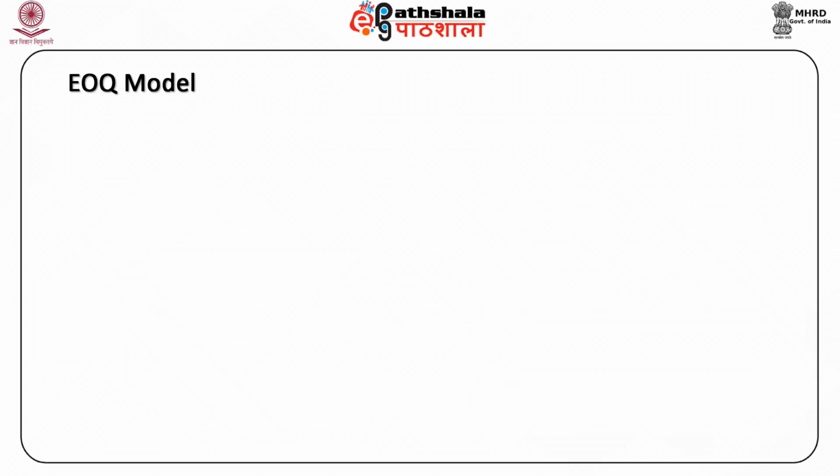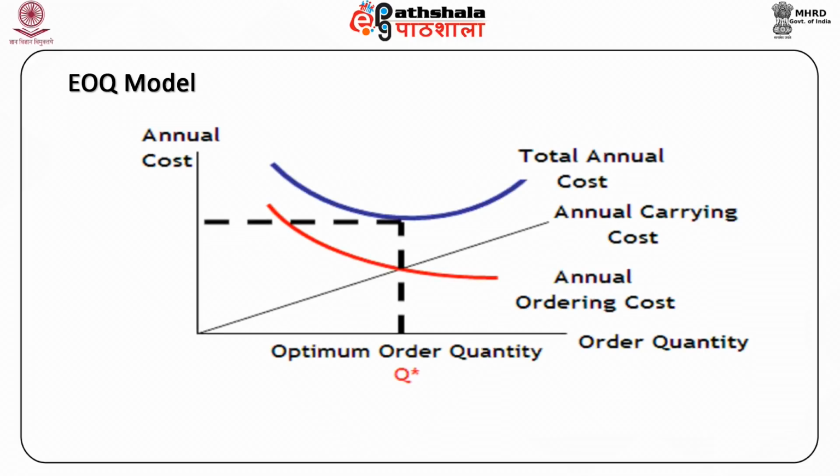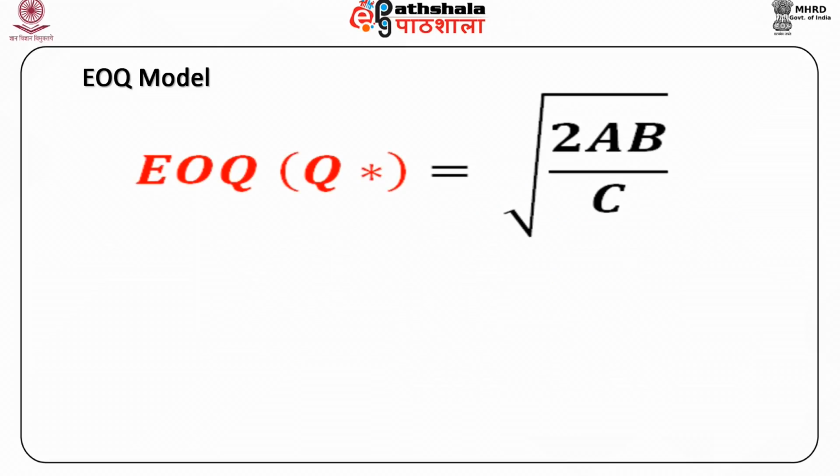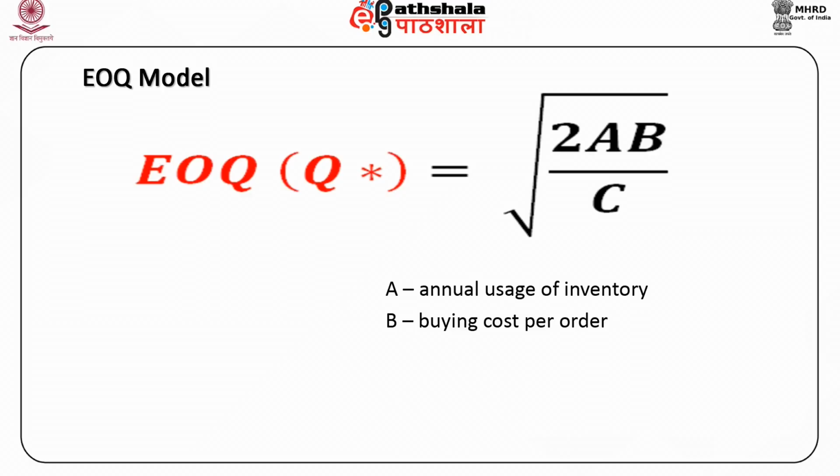Q represents the EOQ level of inventory, which leads to minimum total inventory costs. The aim is to determine the order size with lowest total cost, ordering plus carrying. The formula for calculating the EOQ is given by, where A is annual usage of inventory, B is buying cost per order, and C is carrying cost per unit.